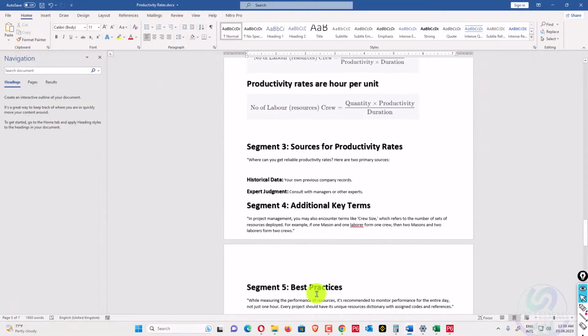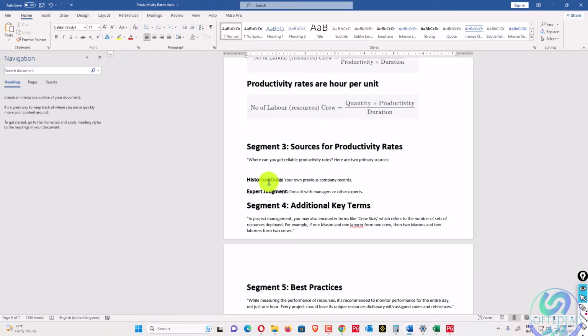We'll go to the next segment, and in this segment, how will you get your productivity rates and from where will you get them? What I prefer, in whichever company you are working, like if you are shifted to a new company, maybe it's a construction company, or oil and gas, nuclear, energy, telecommunication, IT sector, any sector, maybe aerospace, there must be some historical data.